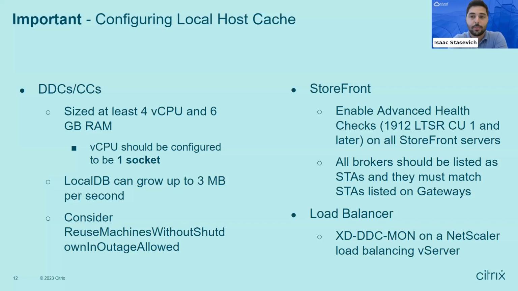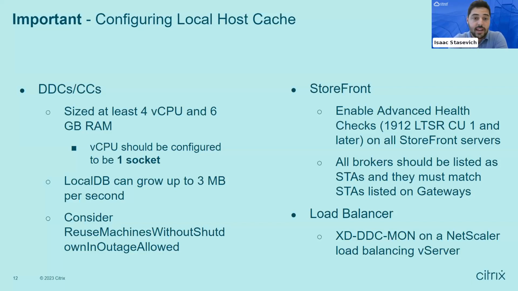This is because power management is not available during localhost cache. So with this parameter, what we're saying is if localhost cache kicks in, we are allowing multiple users to use this virtual desktop or virtual app without the machine actually rebooting. Some people call it dirty desktops. And this will only do the dirty desktops if there is an outage. So it's definitely important to keeping access to those pooled resources during outages.